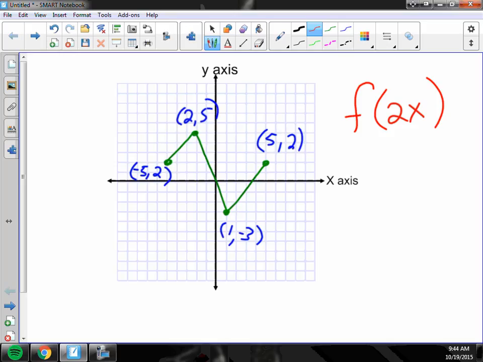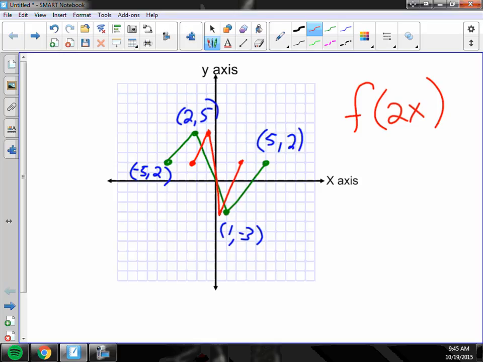Does that make sense? So is there a graph that you can double its width and get this graph that's already there? It's a graph that's half as wide. So we would have to cut the x-axis in half. So there, and here, and that's 5, so there.